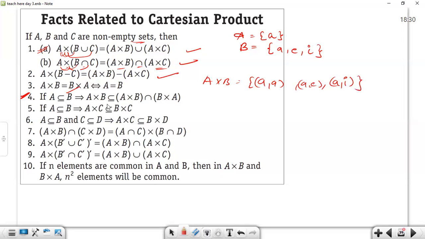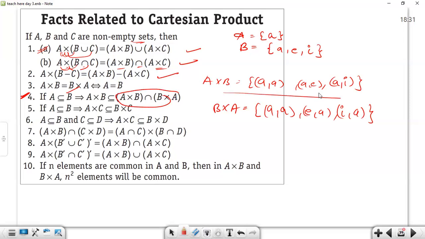This is A cross B. It is said to be a subset of the intersection of A cross B and B cross A. B cross A will be what? It will be (A, A), (E, A), (I, A).